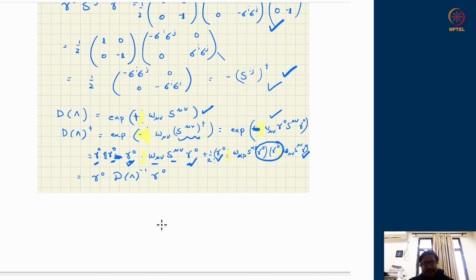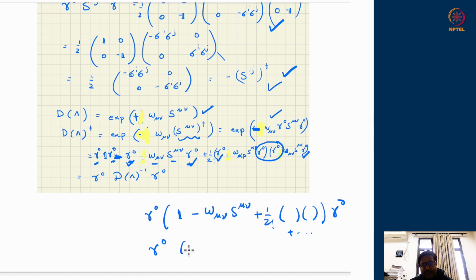So you see the structure is that there is a gamma naught, then identity minus omega mu nu S mu nu plus 1/2 factorial, the twice product of omega mu nu S mu nu, and all higher order terms, and gamma naught. So ultimately you are going to get a gamma naught and exponential of minus omega mu nu S mu nu, and gamma naught at the end as well.